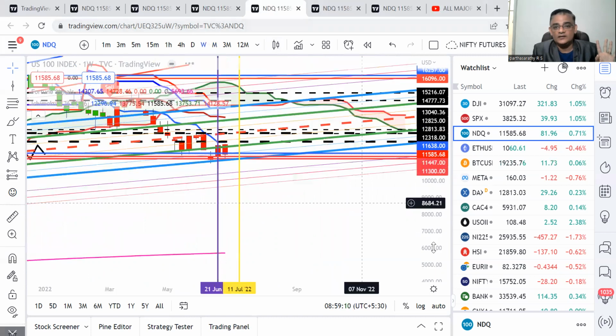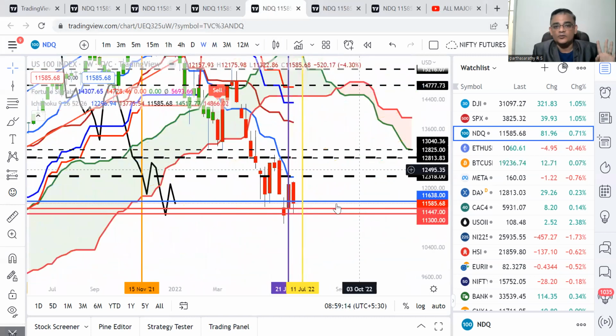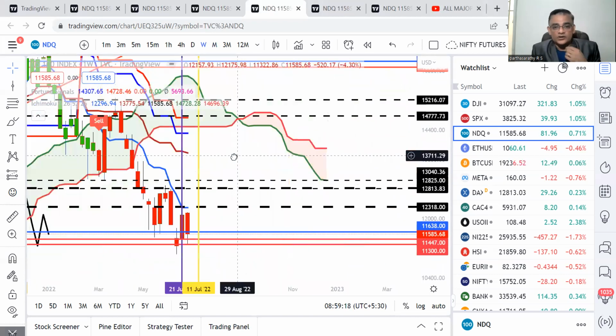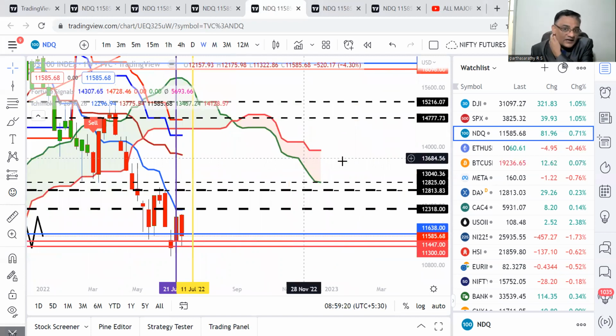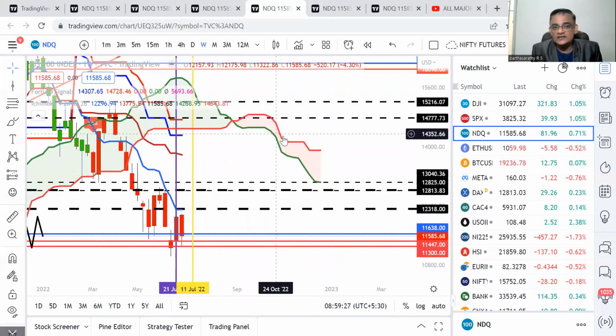If you go to weekly, maybe I will try to remove all this so that you can see very well. So even on weekly it is bearish and the cloud is expanding. The cloud is expanding and it clearly says the future is bearish.